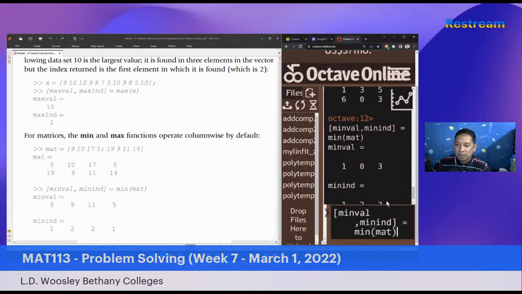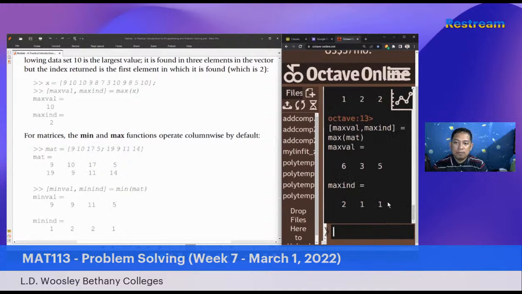Now, if I would reverse this into max val, max ind, yan. So, magre-reverse naman siya.